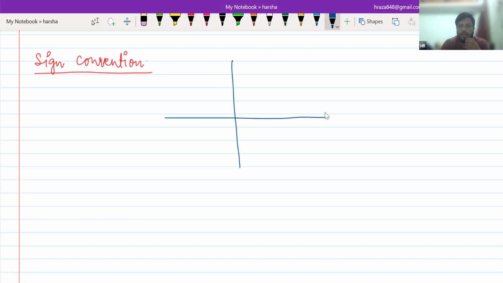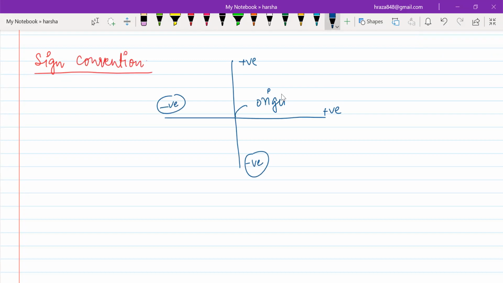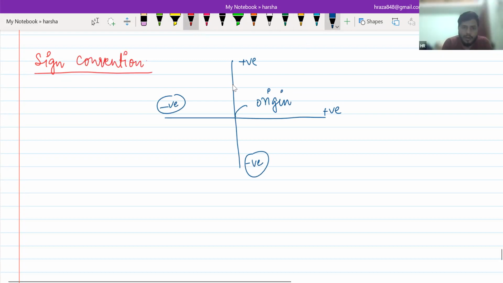You know that this is the positive part, this is the negative part, yes or no? And this is basically the origin. Are you getting my point? Yes, sir. Now see, if you have a concave mirror, it will be like this.